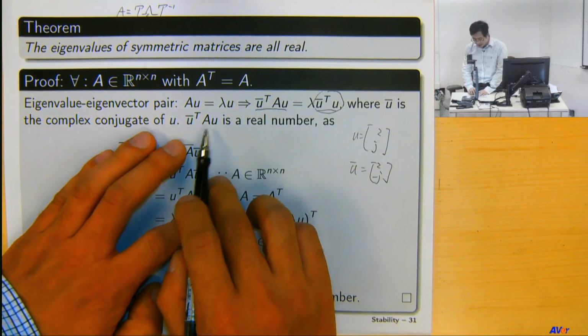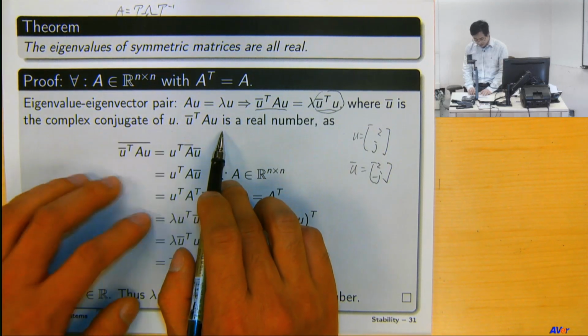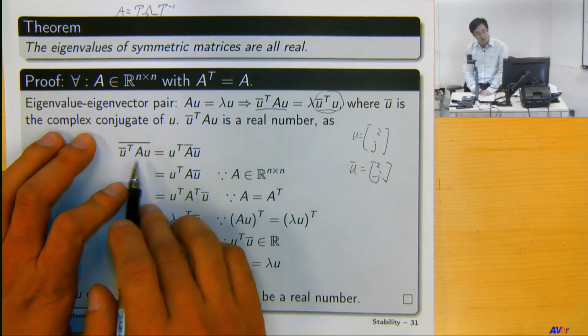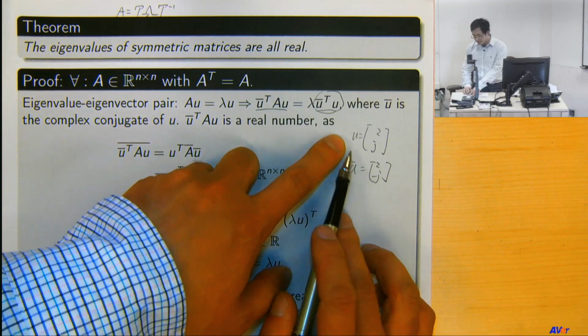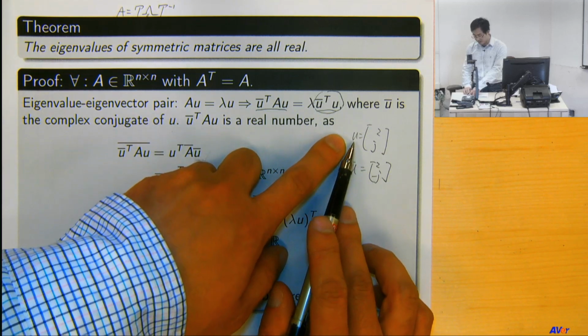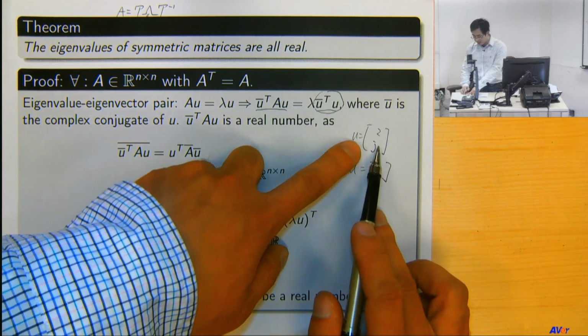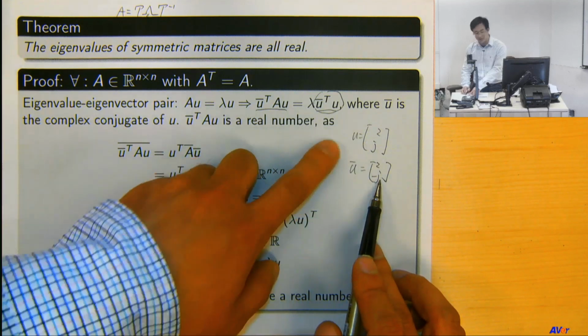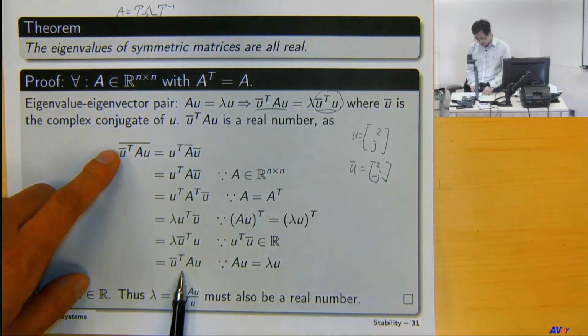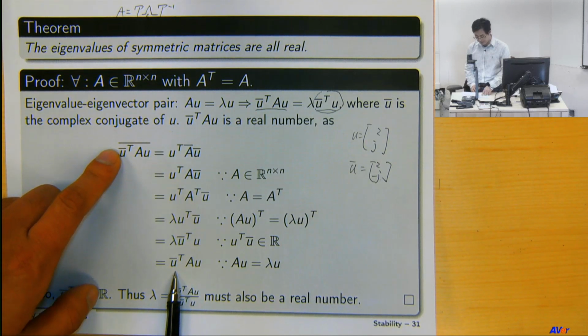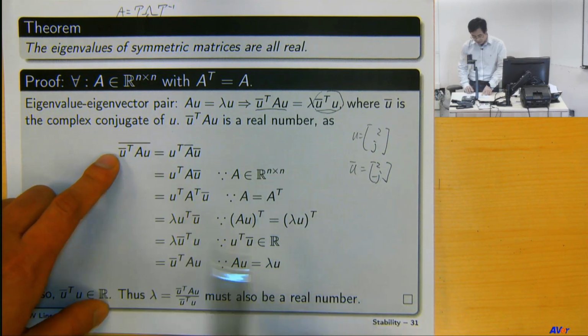To show whether a number is real or not, we can take a look at its complex conjugate. If the complex conjugate is not the same as the number, if it's j, then the complex conjugate is negative j, then it's not a real number. If the complex conjugate equals itself, then it's a real number. All right, so that's our goal.